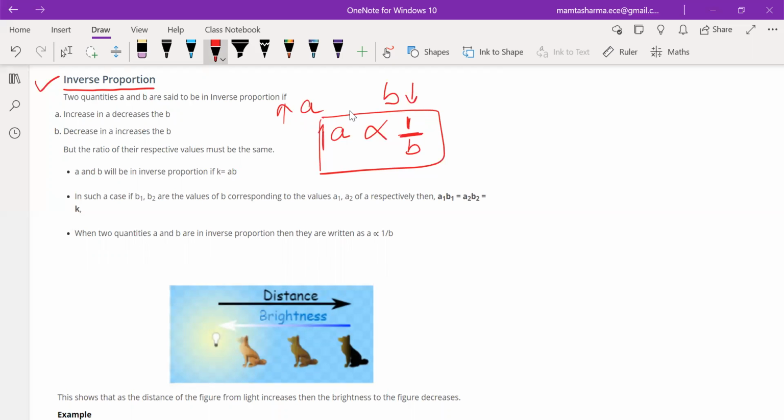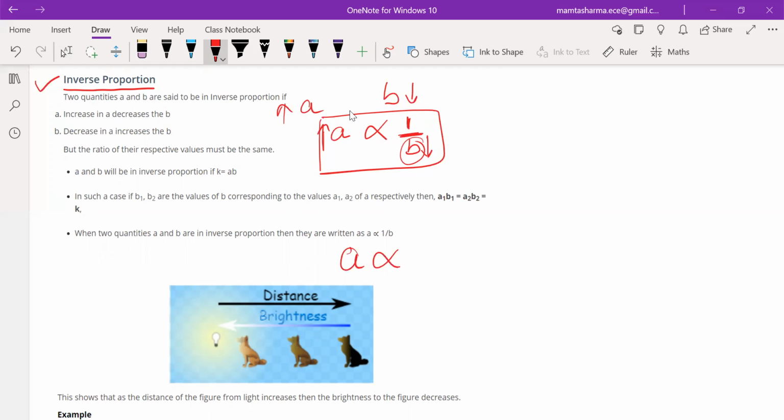If one will increase, then the other will decrease, because it is in the denominator. If we increase the denominator, the whole thing will decrease. Got it? Yes, ma'am.